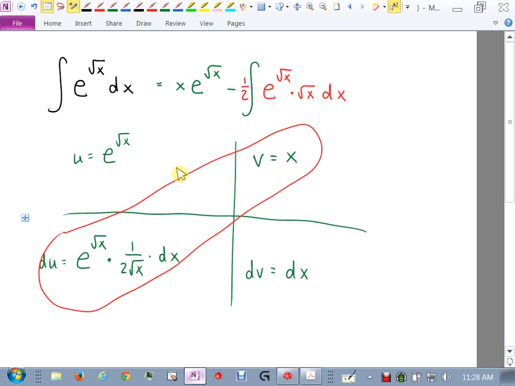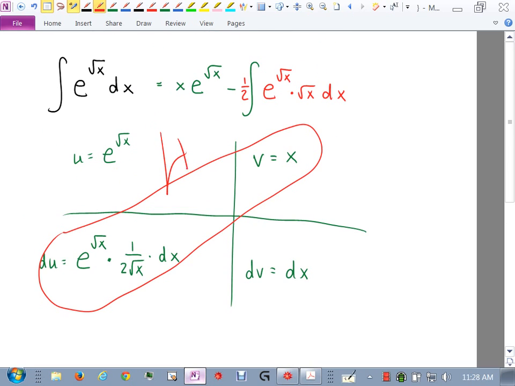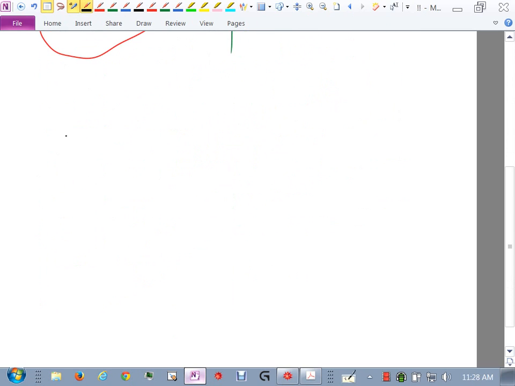I'm going to say, okay, let me reapproach this. Let me just try something different. The integral of e to the square root x dx. So I'm going to make a basic substitution.